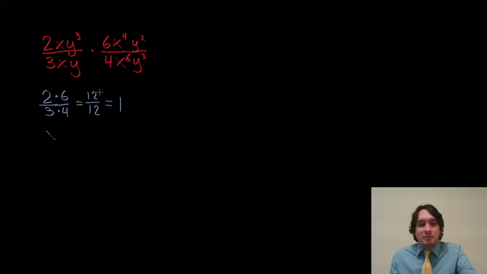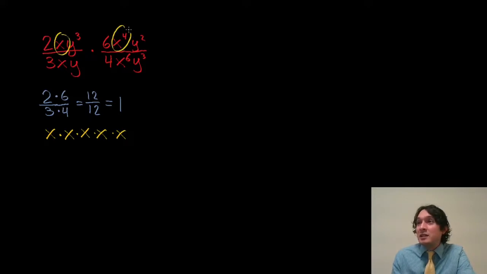We move on, and we take a look at the x's next. So next up, I don't like that color. I'll use yellow. I don't remember what I used before. Up next, we'll take a look at the x's. I have 1 from my first fraction, and I have 4 from my second, all on the numerator. Okay, so 1 and 4. 1 and 4. So it checks out.